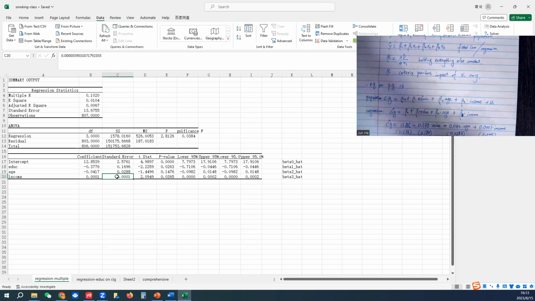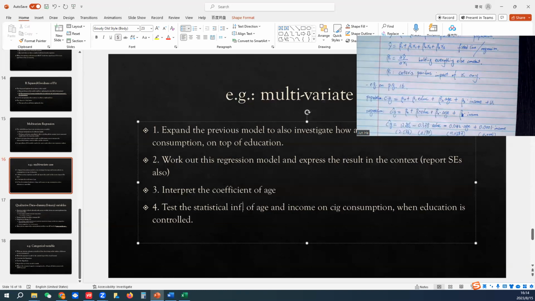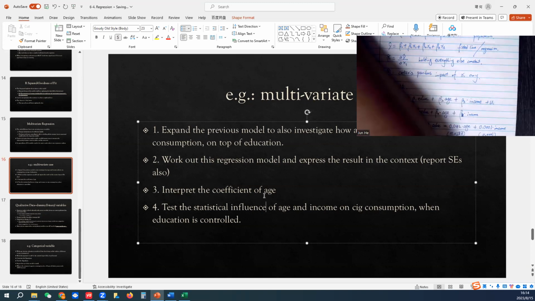Okay, and then we are going to test the statistical influence of age and income on cigarette consumption. Okay, so first, before that, we need to interpret the coefficient of age.